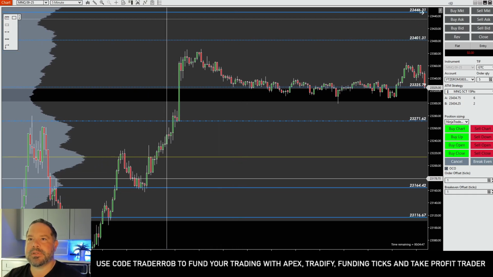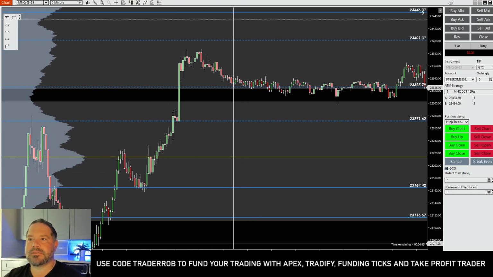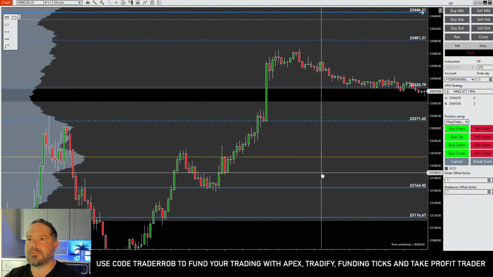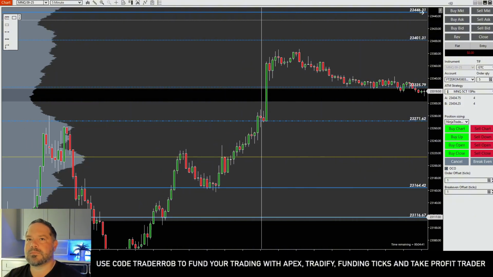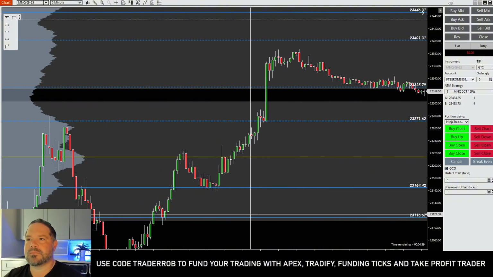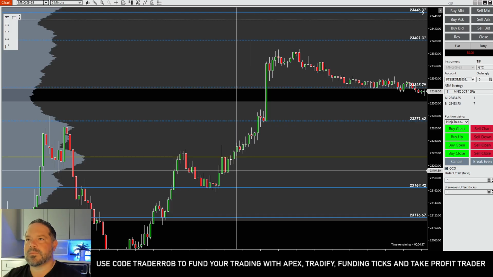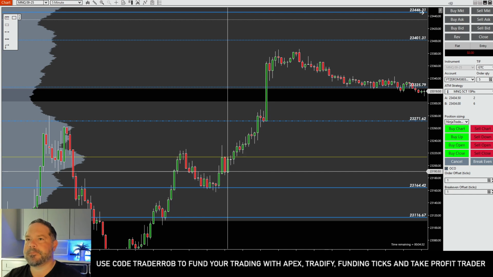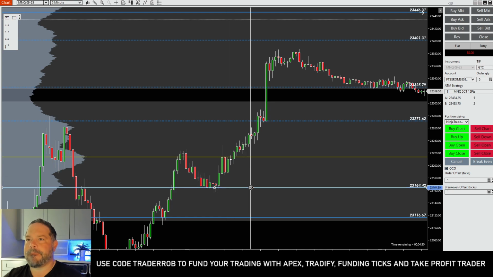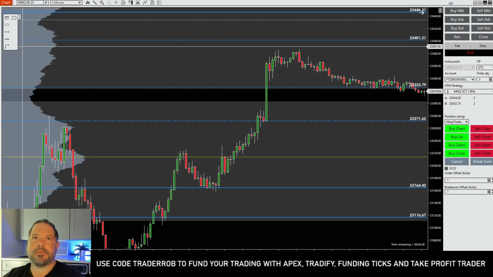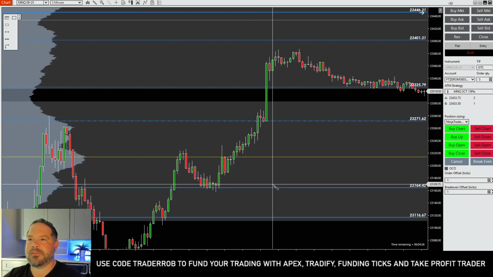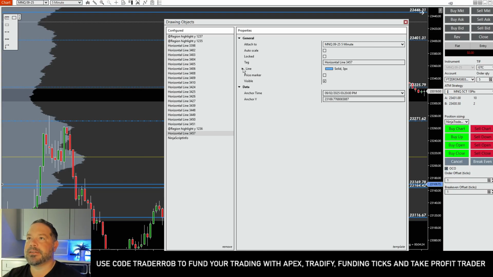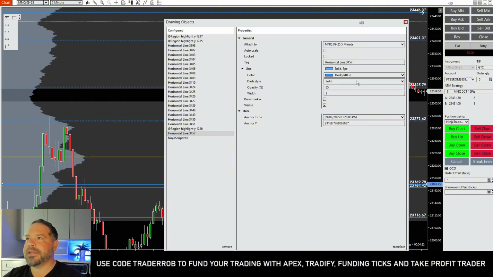Let's see, what do we got here? In the 5 minute, we did have a push right off of this level. We do have a 5 and a 15 minute level right there. It's kind of interesting, actually.